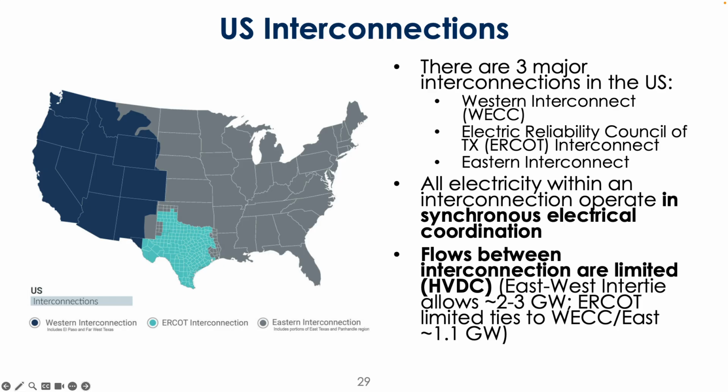East-west through all of this is about 2 to 3 gigawatts. ERCOT has limited ties totaling about 1 gigawatt. And so when Texas had that extreme event where they were out a delta of 20 gigawatts between demand and load, WECC in the east can only help out so much.